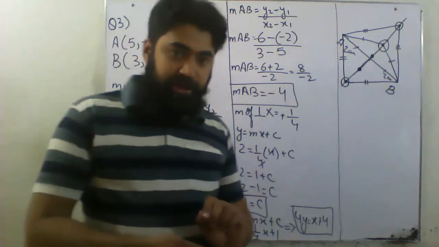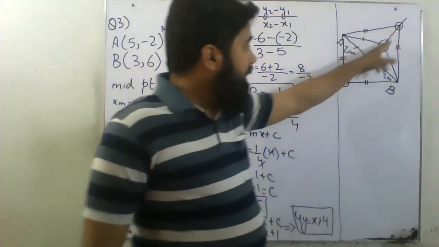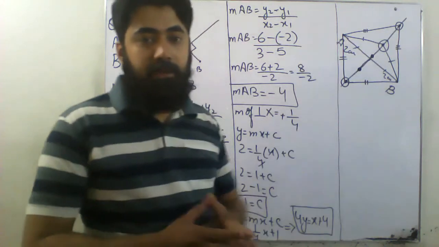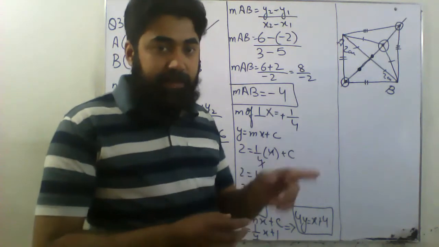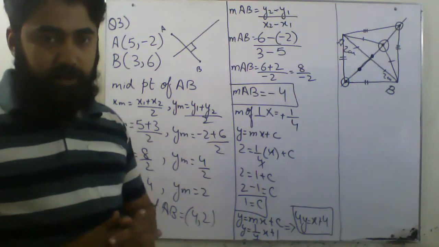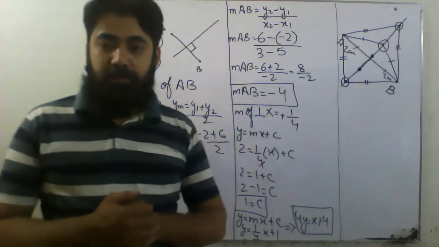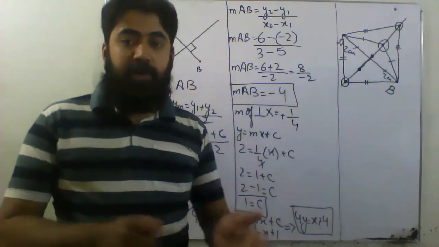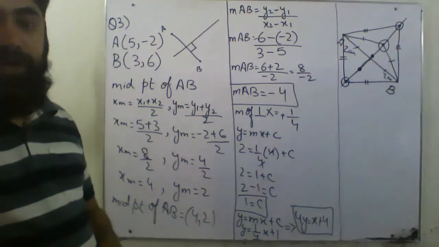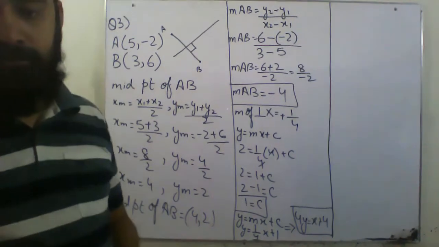Or you can change it also: if a point is lying on the perpendicular bisector of AB, then that point is equidistant from A and B. So whenever we say a point is equidistant from A and B, it means that point will be lying on the perpendicular bisector of AB. This is the thing which you have to remember.